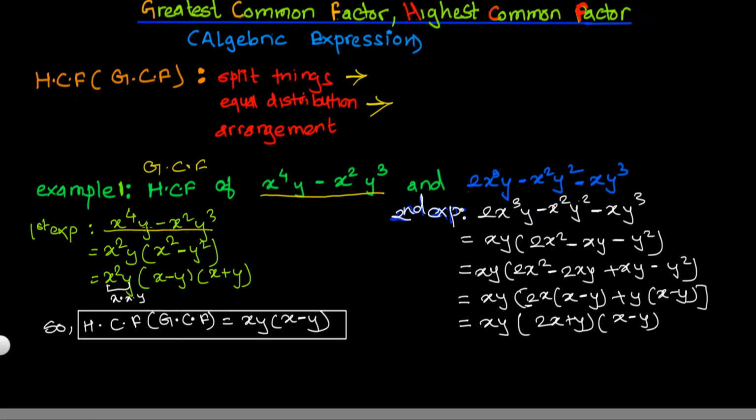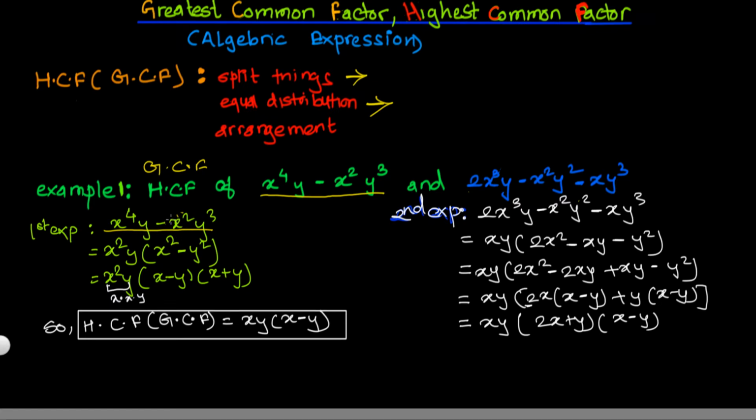If you see it closely, you can see we have x square common in both the terms of the first expression, and also we have y common. So whatever is common, you can take it out, and the remaining you put inside. If you divide the first term by the common term, you will get x square, because y will be gone, and x^4 over x square is x square.